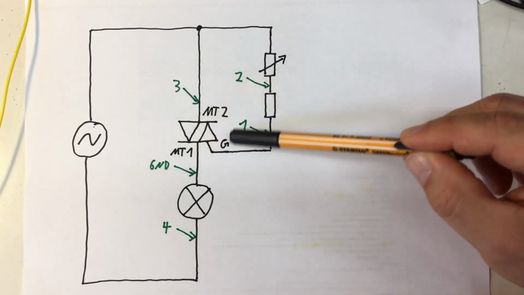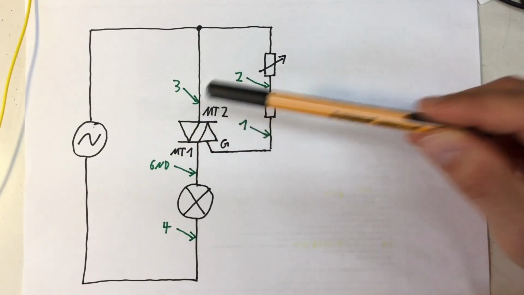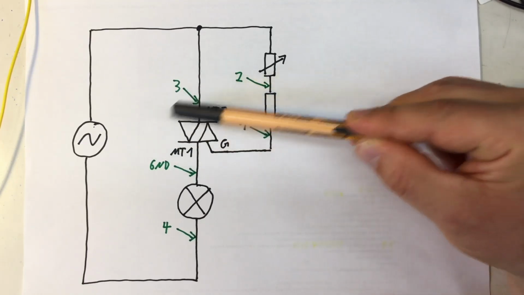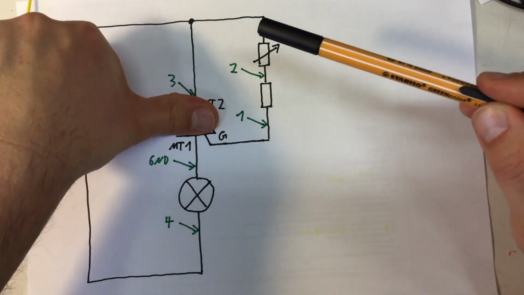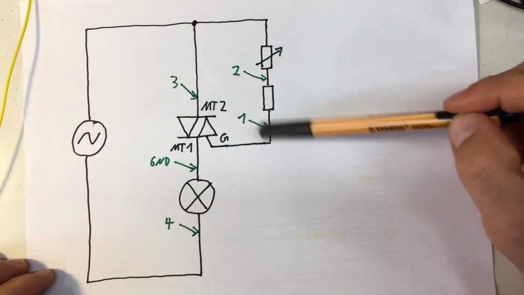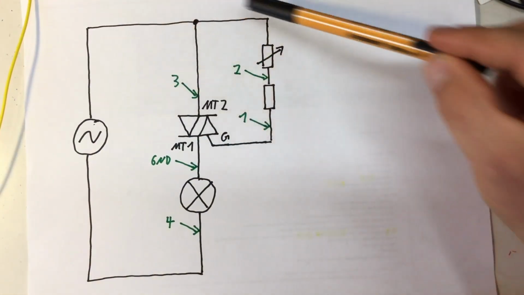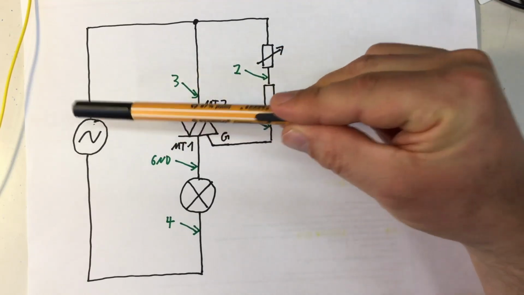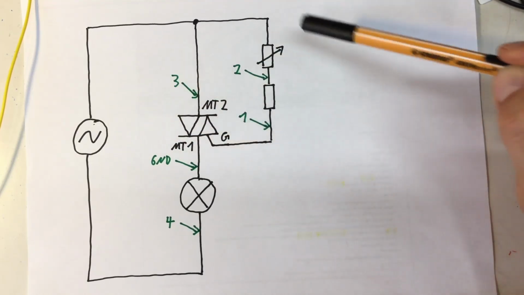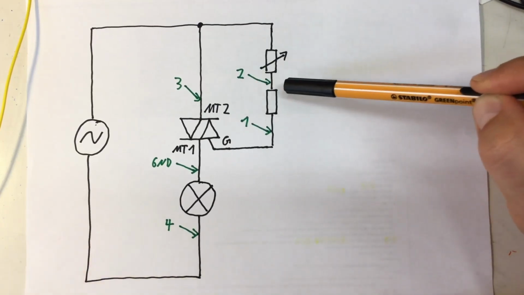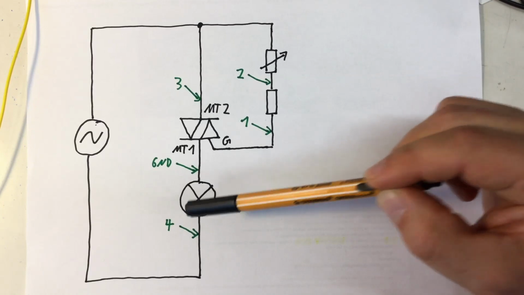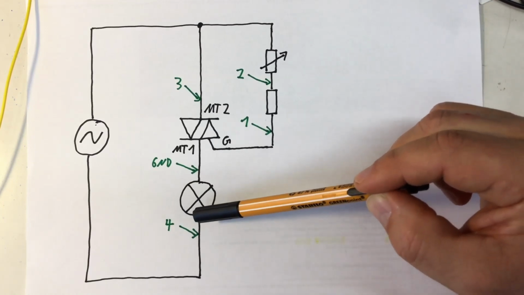Now when the TRIAC is off, the whole AC voltage is dropped across it. So the current through the gate is basically determined by the AC voltage and these resistors here. We forget about the light bulbs for a moment because they are really low impedance.